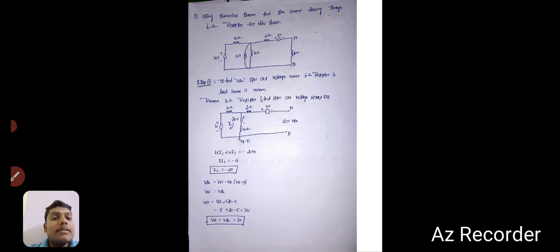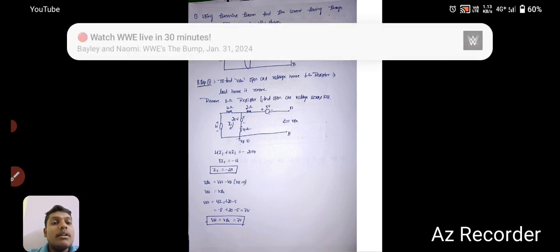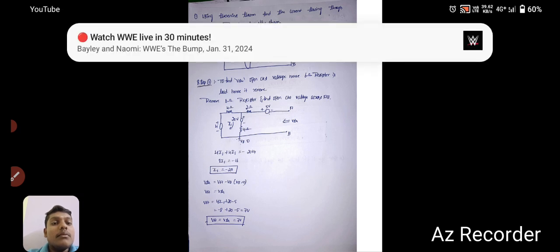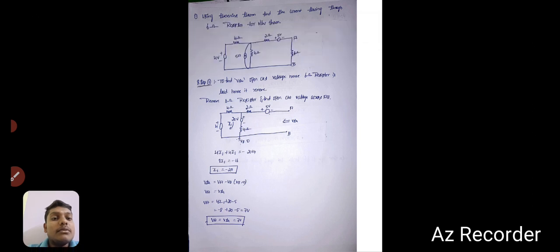Now apply KVL. 4I1 plus 4I1 is equal to minus 2 plus 4. Now I1 is equal to minus 2A. Now VTH is equal to VA minus VB, where VB is equal to 0.